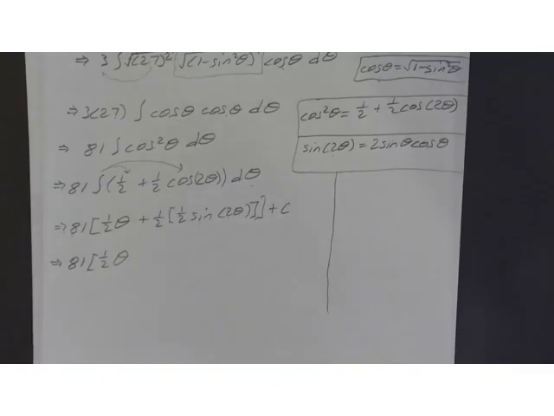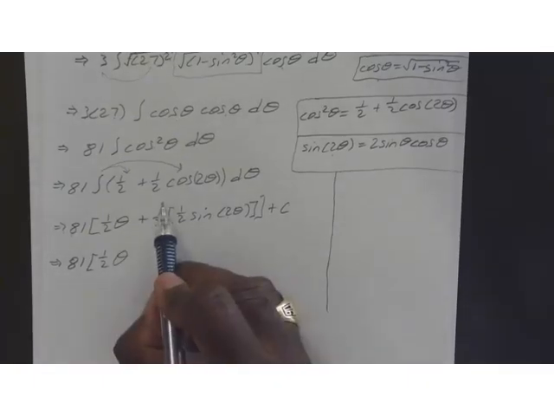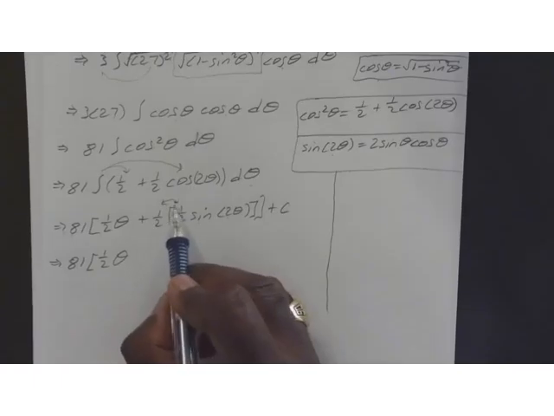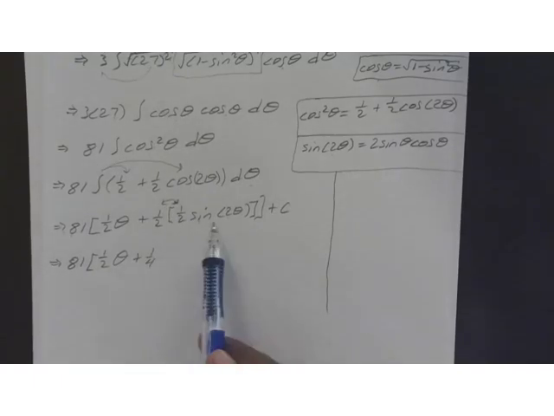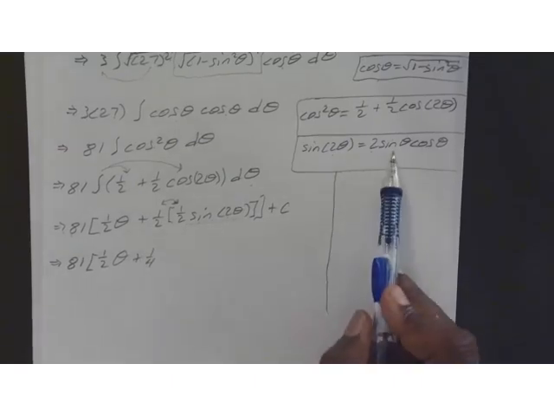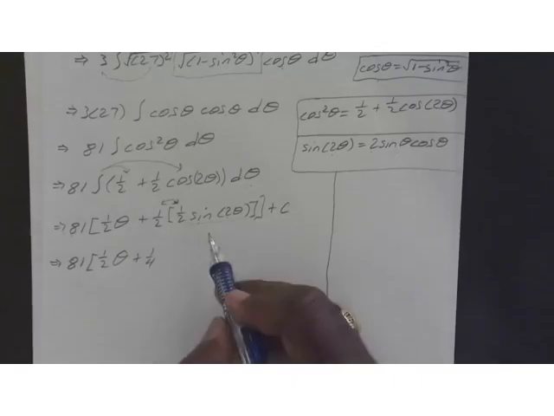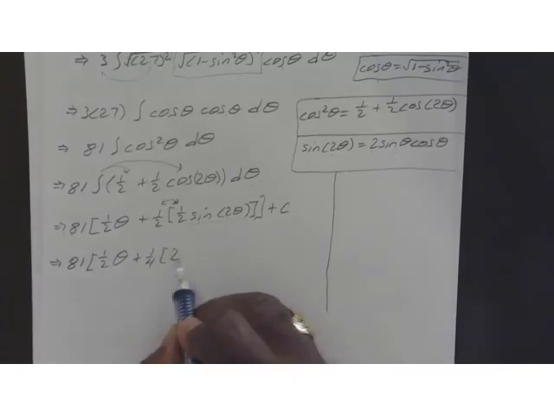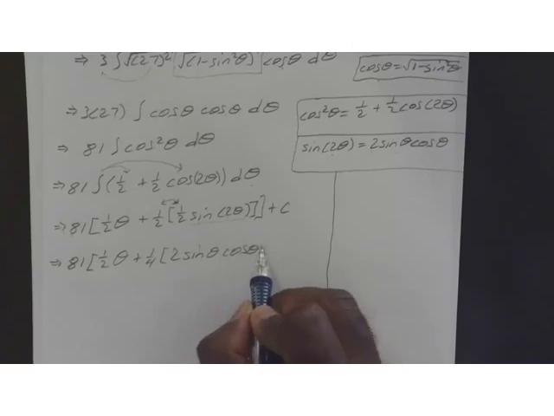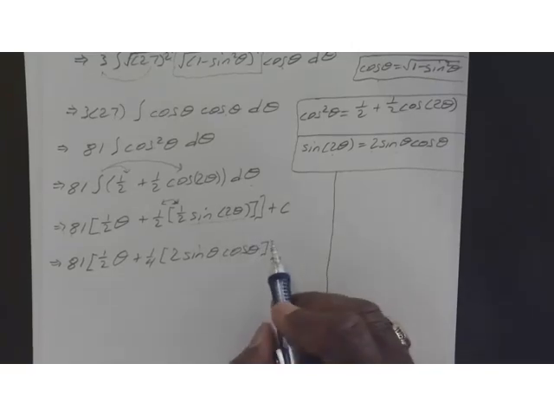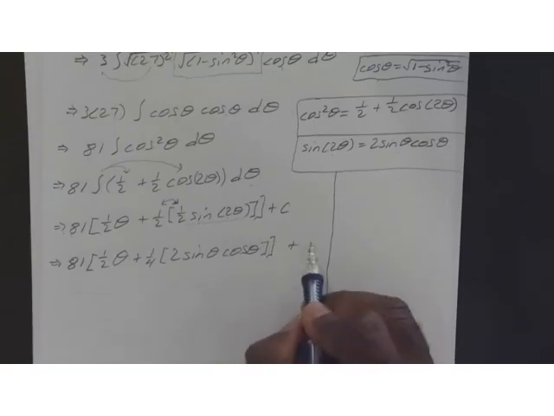So 1/2 times theta, and if we multiply these two, 1/2 times 1/2, we get 1/4. Instead of sine of 2 theta, we're going to replace that with 2 times sine of theta cosine of theta. Plus c.